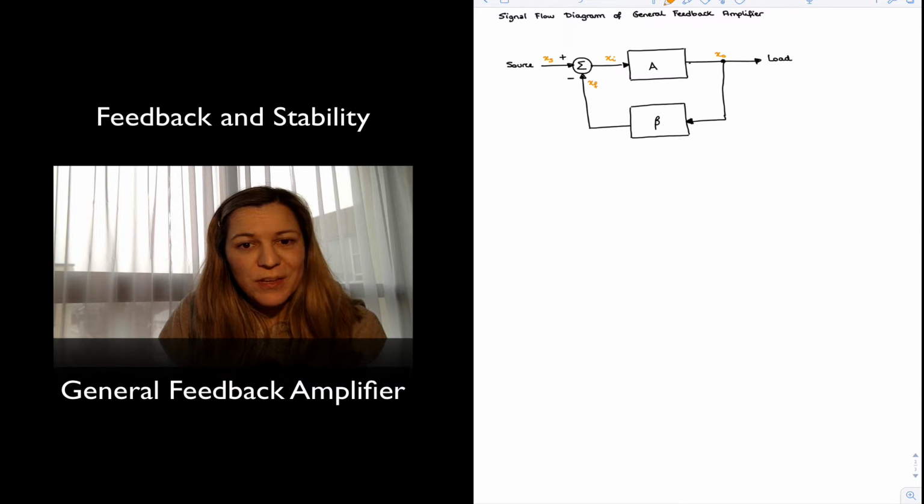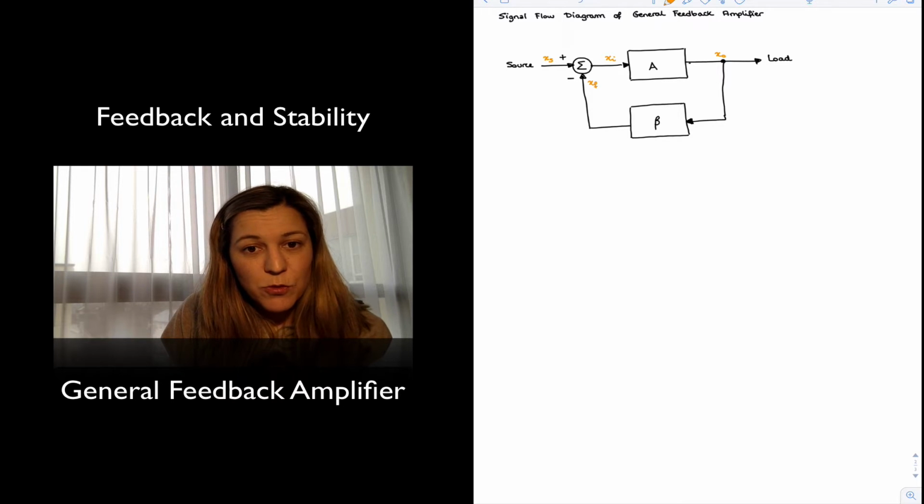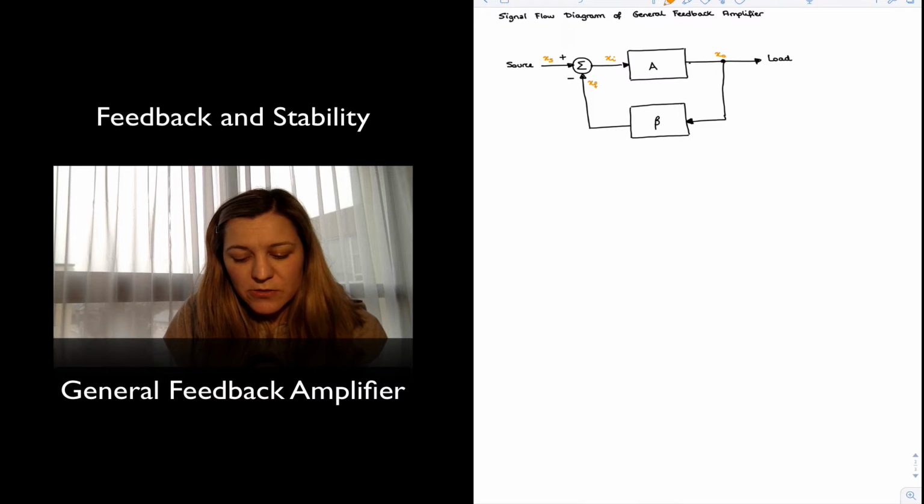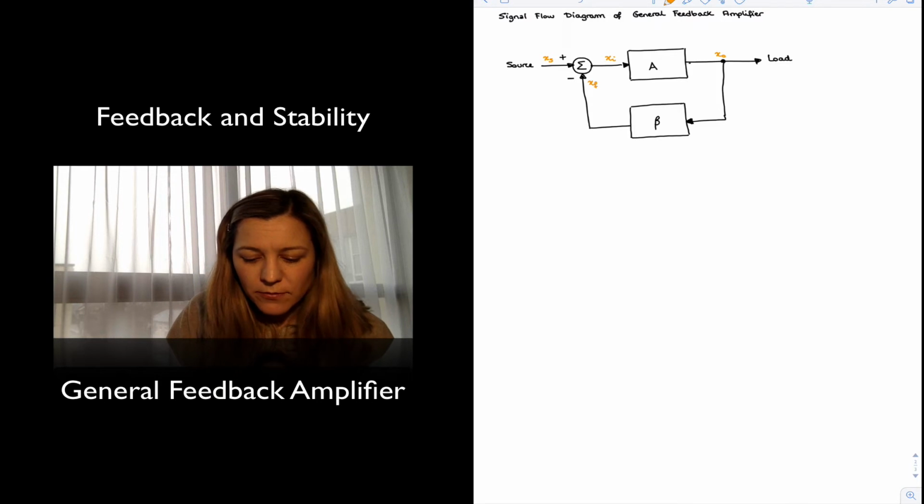It's not the input signal from the input source, that will be X sub S, but rather the input signal to the amplifier, sometimes referred to as the error signal, because it is the difference between the source signal and the feedback signal. So sometimes Xi is referred to as the error signal, and you will see it represented as X sub E sometimes because of that.